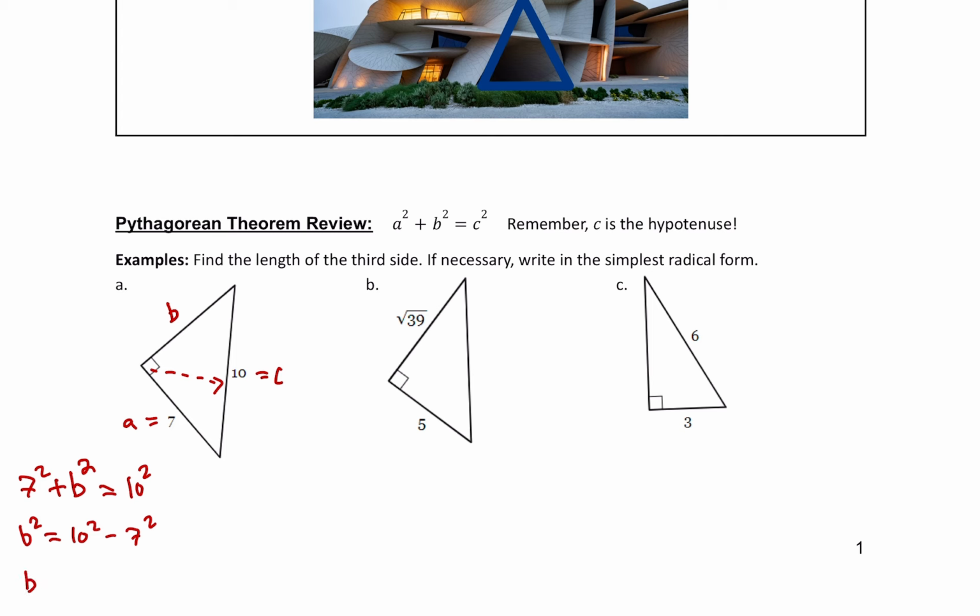So I'll have B is equal to the square root of 10 squared minus 7 squared. If I put that into my calculator, I'm going to figure out what B is, or if I don't have a calculator, I can just do the math by hand. Either way, you're going to find that your answer is going to be the square root of 51.